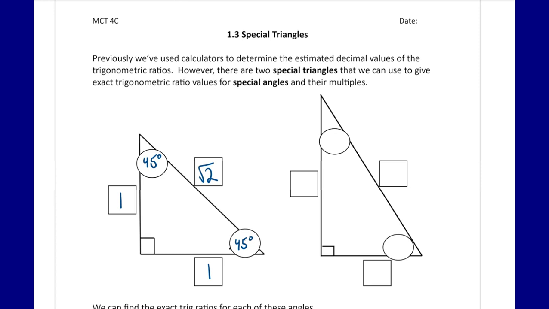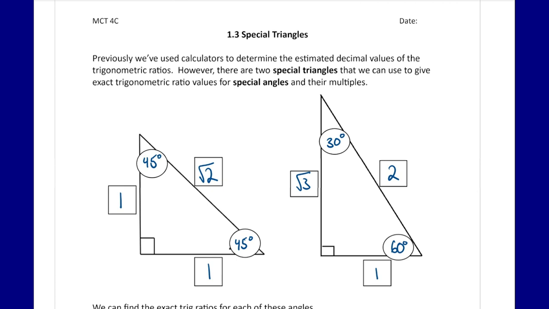The other triangle is when one angle is 30 and the other angle is 60. So you have a 90-degree angle, a 30-degree, and a 60-degree. And in this case, we have 1 and root 3 as the two legs, and our hypotenuse will have an exact measurement of 2.